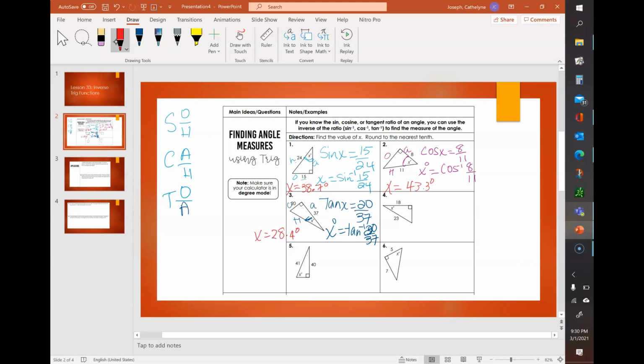All right, let's move on to number 4. Again, always label. If this is my angle, we have opposite, hypotenuse, and adjacent. Here we know A and H, so we have to use cosine. That would be cosine of x equals 18 over 23, and now we take the inverse.